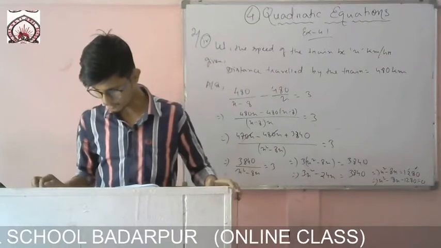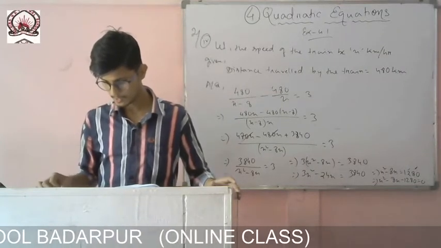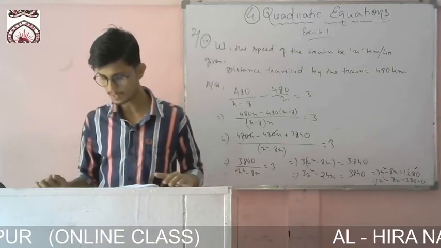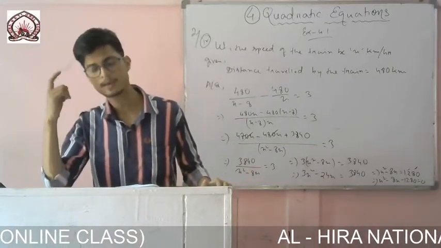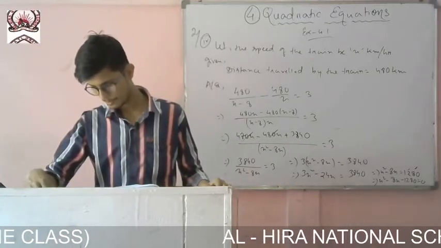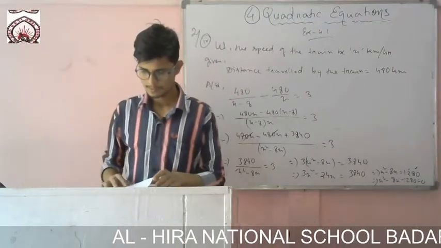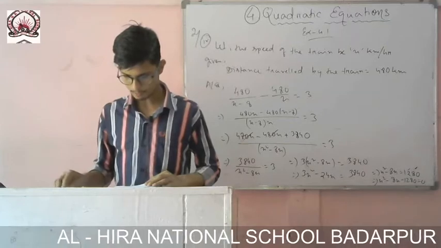Now the next part, exercise 4.2, is about how to find the solution of a quadratic equation by factorization. You know normally how we do middle term splitting. That one we'll use here, and we'll try to find one by one.